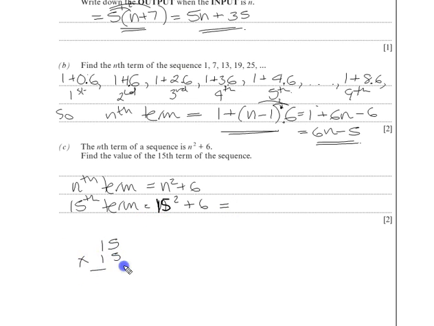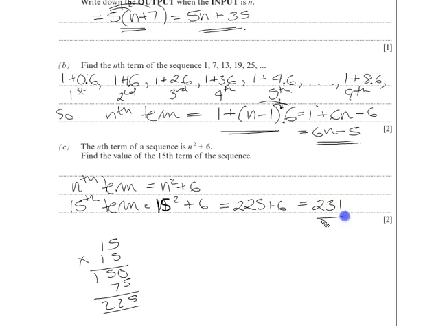If you need to check it out, it's 225, but basically 10 15s are 150. Yeah, 5 15s are 5 10s and 5 5s. 5 10s are 50 and 25. Yeah, that's 75. All right, add them together, you get 225. Okay, so 15 squared is 225. Plus 6, so you end up with 231, don't you?